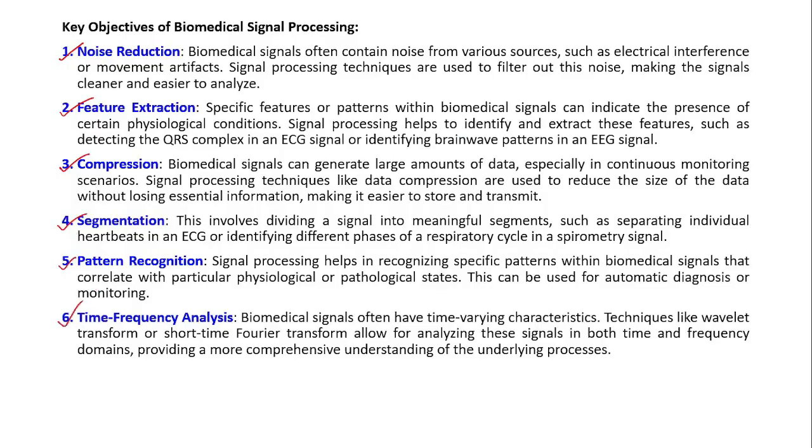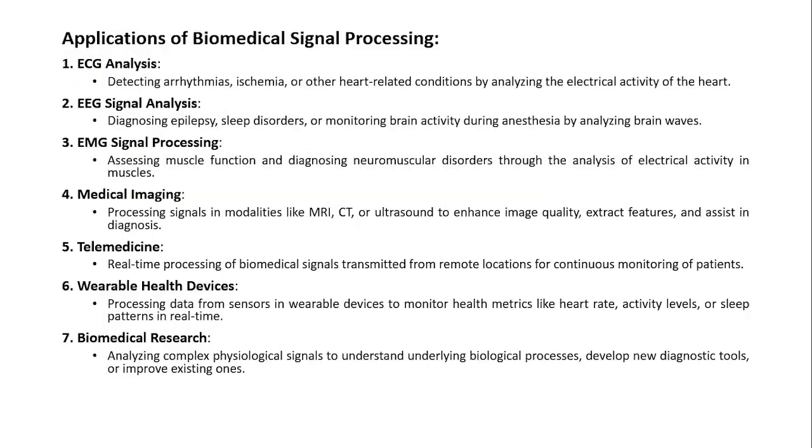These are the key objectives of any biomedical signal processing technique. The applications include ECG analysis, EEG analysis, EMG signal processing, medical imaging and image processing, telemedicine, wearable health devices, and biomedical research.